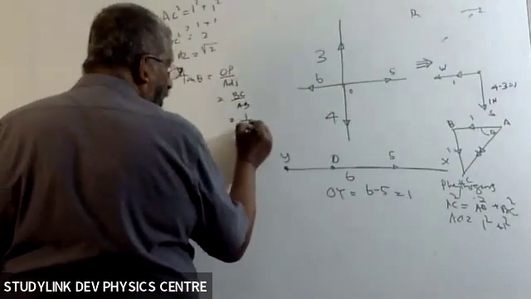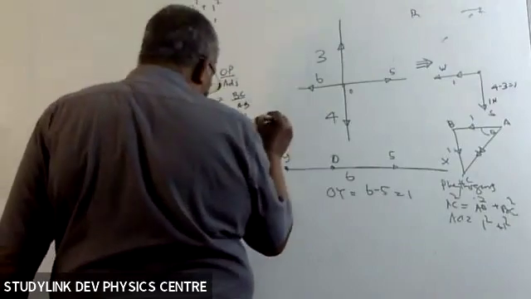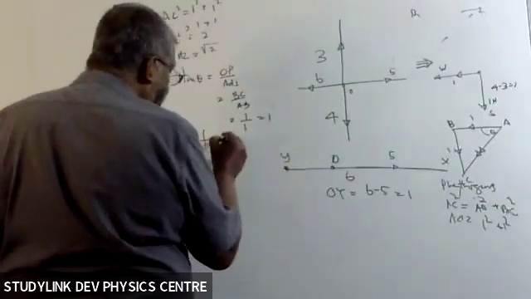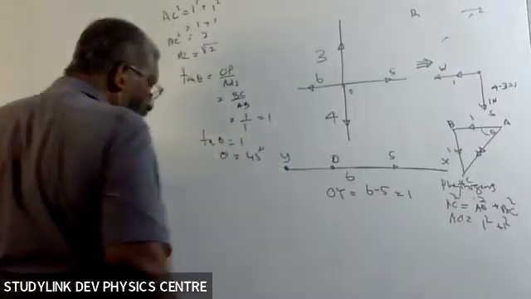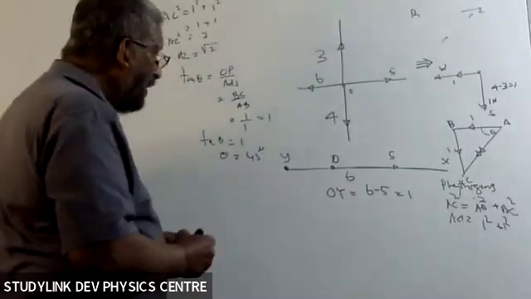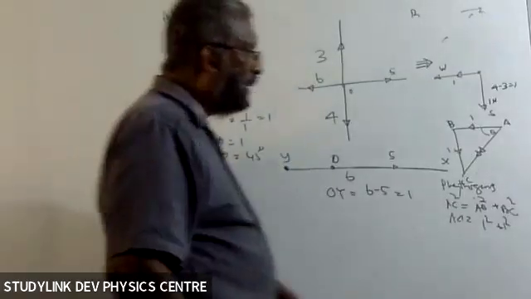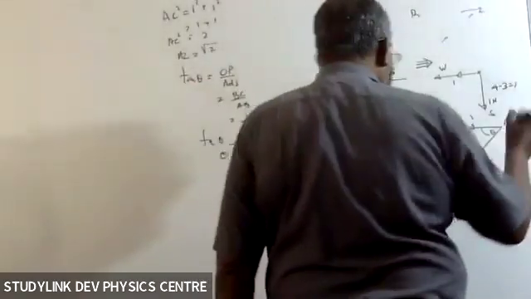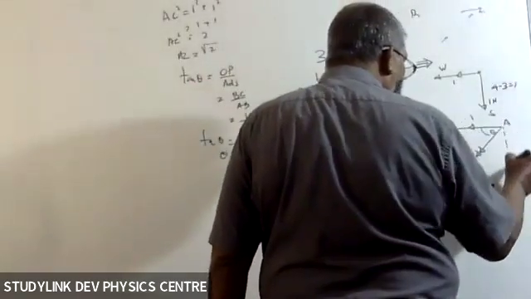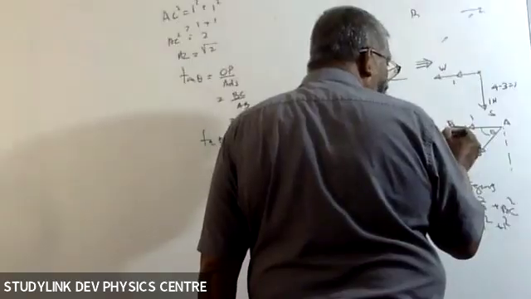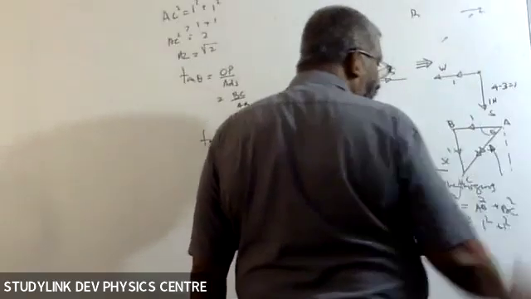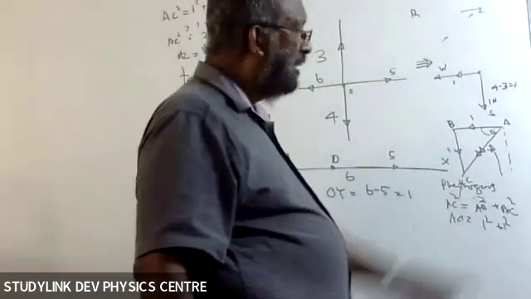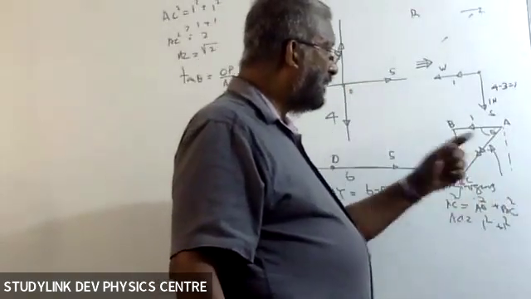BC is 1, AB is 1. Then the answer is 1. Tan theta is 1 means theta is 45. Right? Theta is 45 means when you consider any direction, this is south, this is west, this is 45, so this direction is, what is that? Southwest.